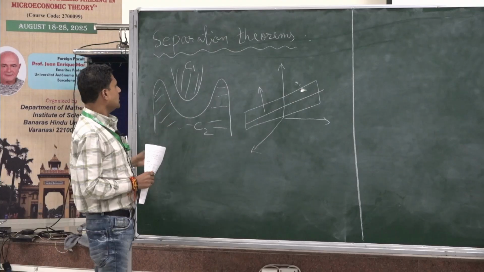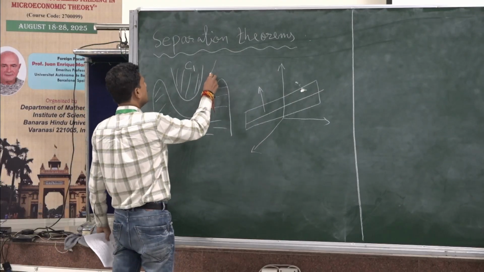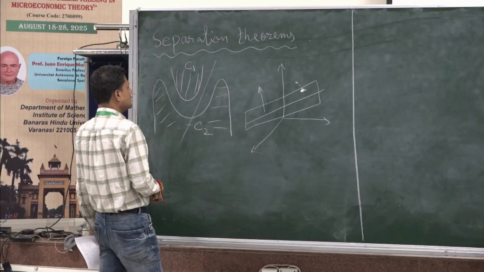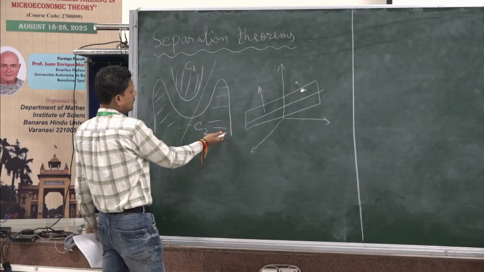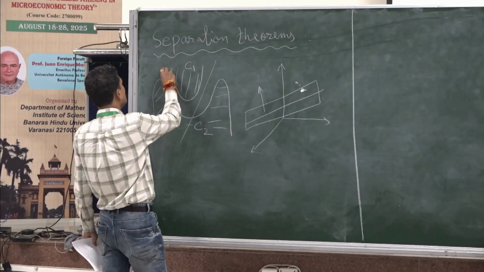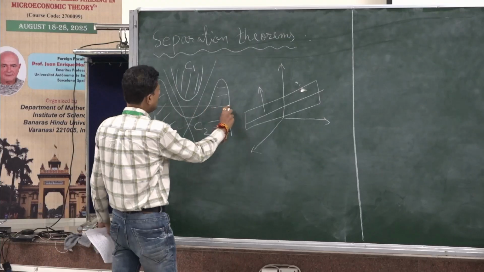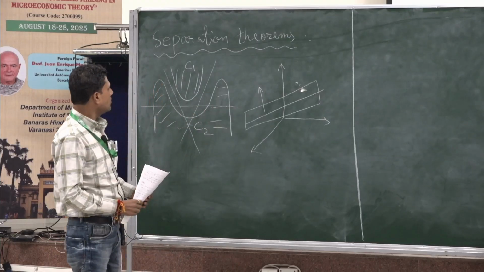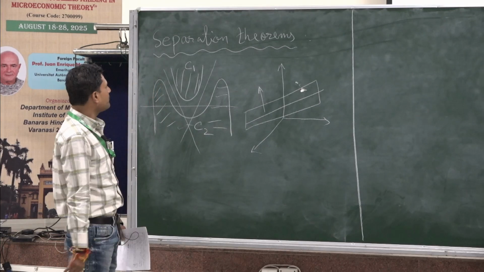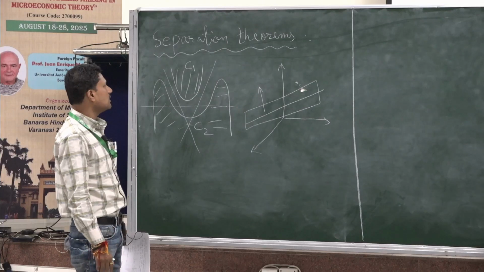You can see that here it is not possible. If we draw a hyperplane like this, some part of the set C2 is on one side, some is on the other side. If you have this one, again the same condition. Somehow we are not able to find a hyperplane which can separate these two sets C1 and C2.